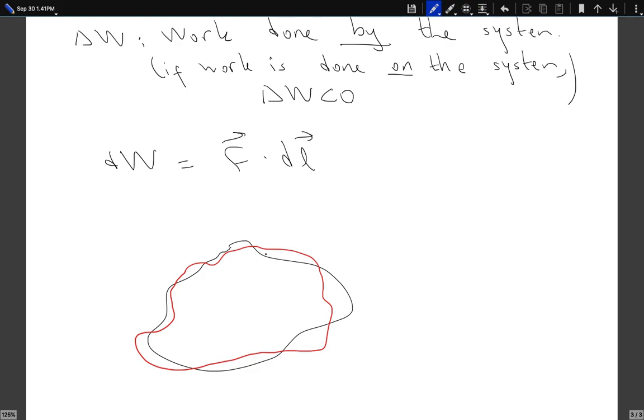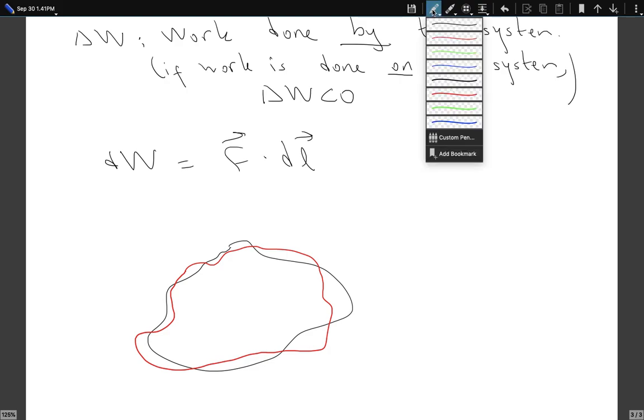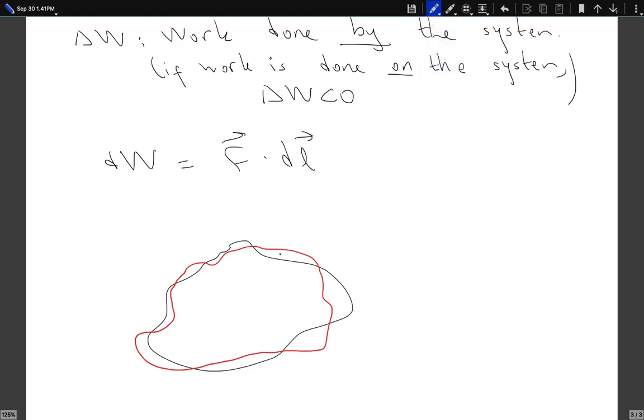Let's say we have a segment over here. Let's call the area of that segment dA. It is displaced by dL.